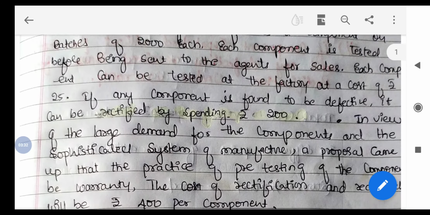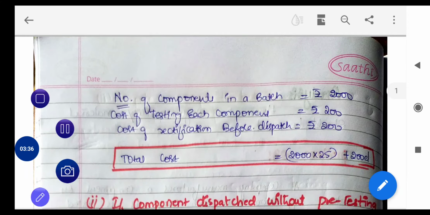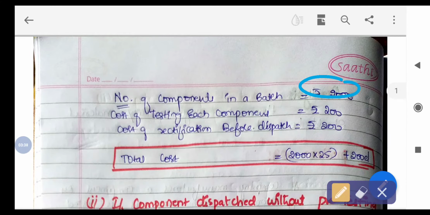The number of components in a batch is 2000, and the cost of testing each component, sorry, this is 25, not 200, corrected, this is 25. The cost of rectification before dispatch, if the company internally finds defectiveness in the product, will be 200.